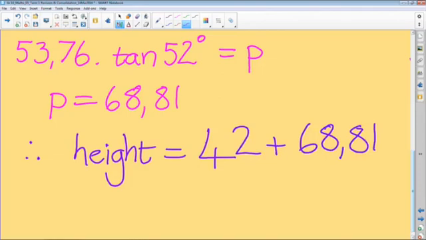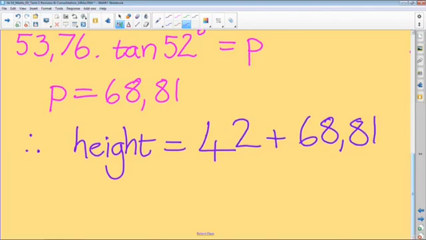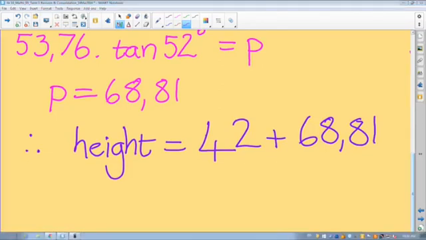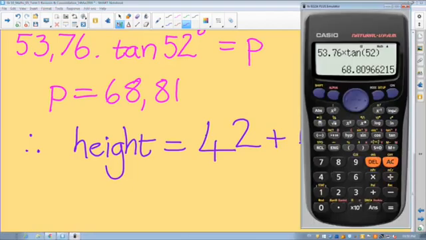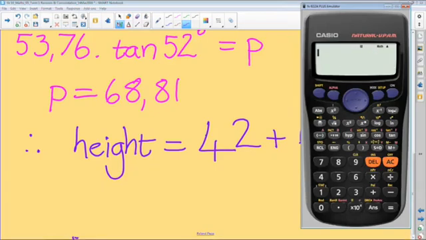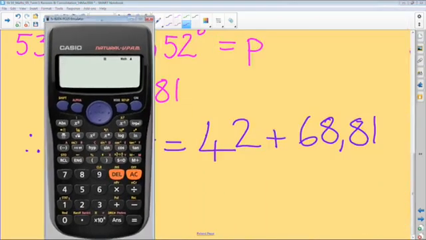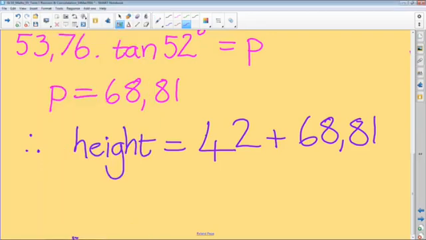And let's use our calculator just to make sure that I don't make a mistake. There's no shame in using a calculator for simple things. So let's move this over. 68.81 plus 42 gives me an answer of 110.81.